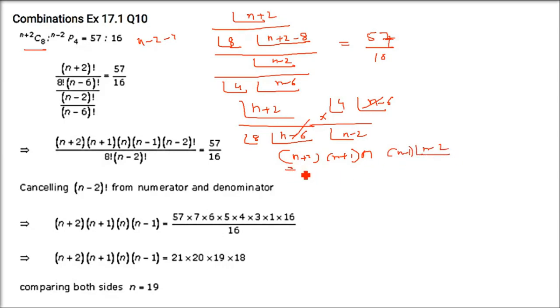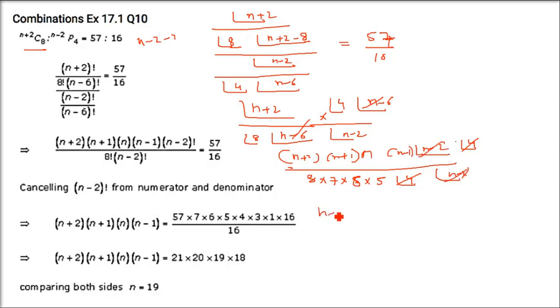Now since we have this factorial 8 also, you can write it as 8 into 7 into 6 into 5 into factorial 4. Already factorial 4 we have in the numerator, and then you have factorial 4 cancel. Factorial n minus 2 is there, and this cancels, right?